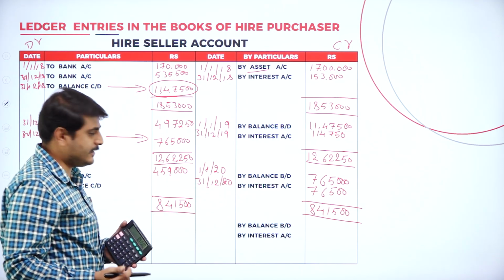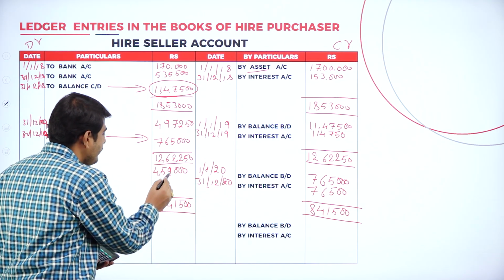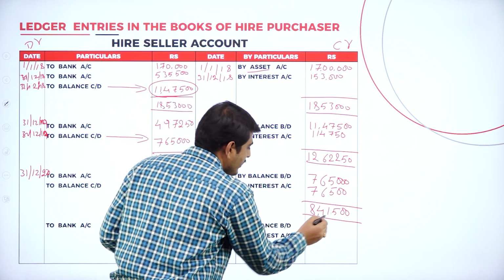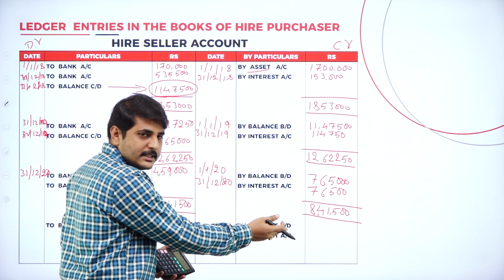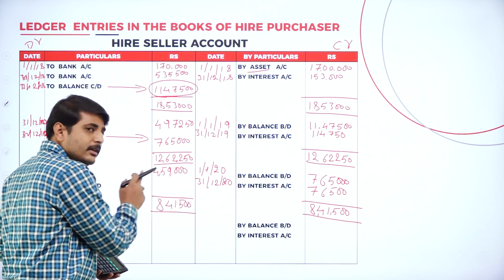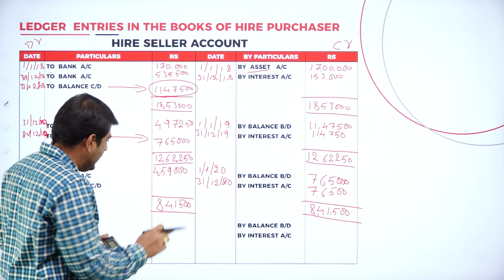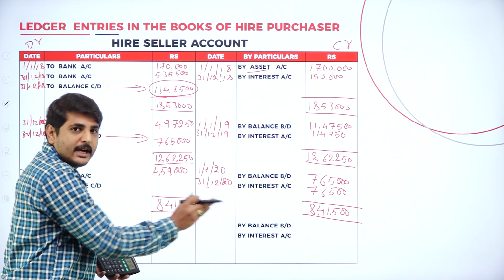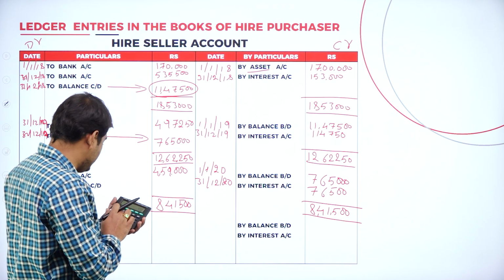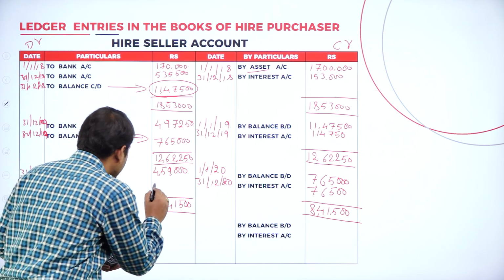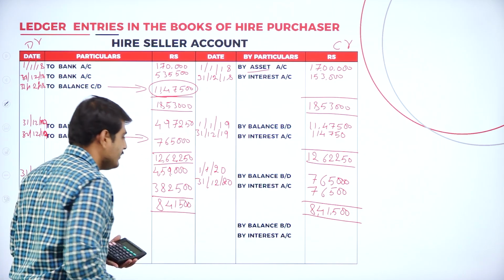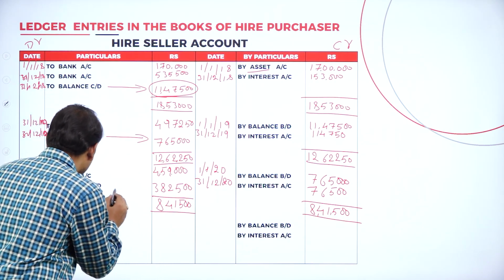How to get both the sides? If it is only 4,59,000 here, we are getting 8,41,500. So 8,41,500 is the higher amount. Write the highest amount on both sides and identify the difference. Then both sides will get tallied. Minus 4,59,000, you'll get 3,82,500.